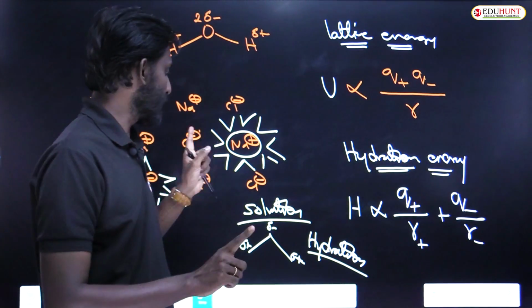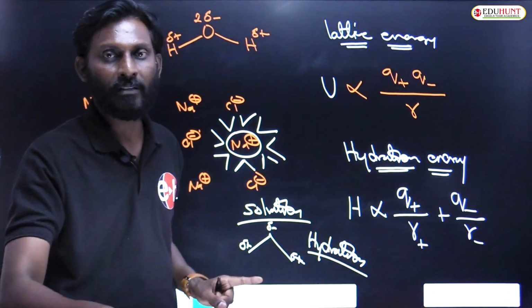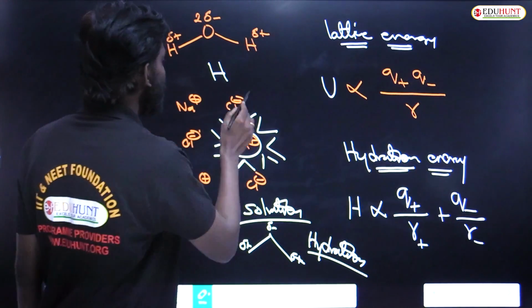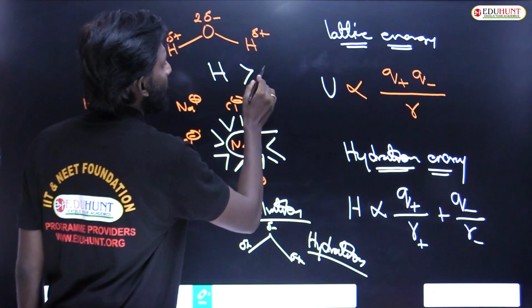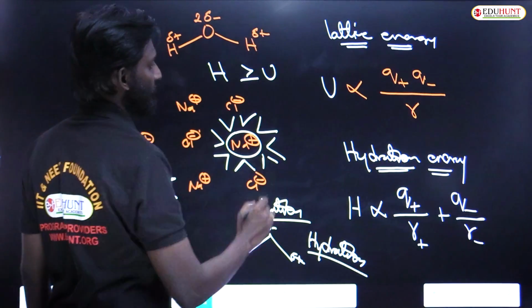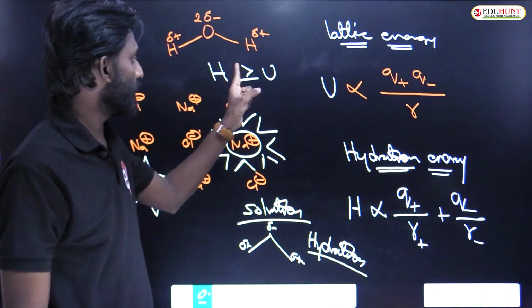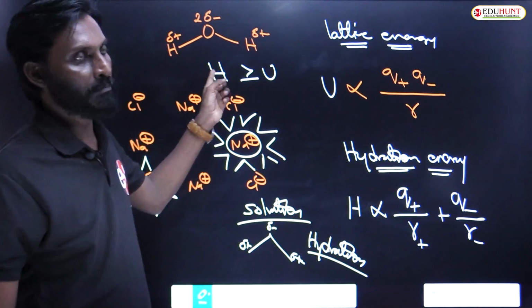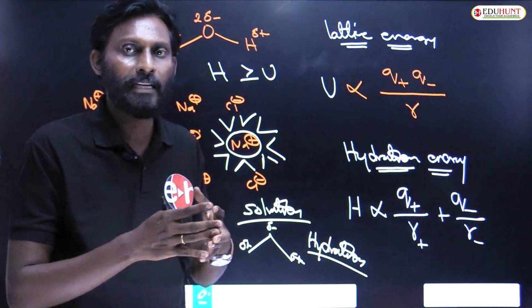So when a salt has to dissolve in water, hydration energy must be greater than or equal to lattice energy. If hydration energy equals lattice energy, then also the lattice breaks. Or if hydration energy is more than lattice energy, then also the lattice can be broken.